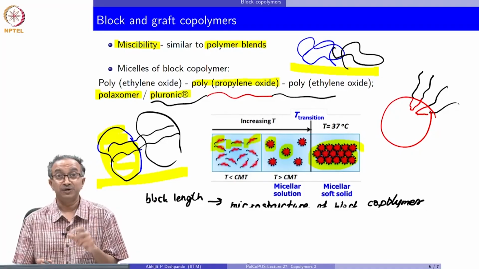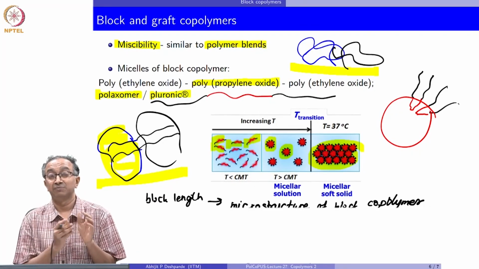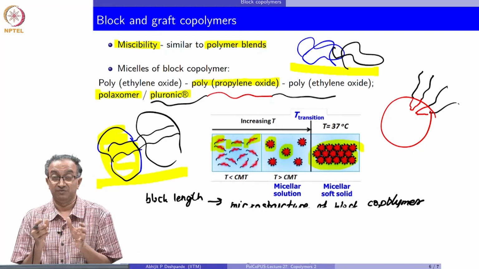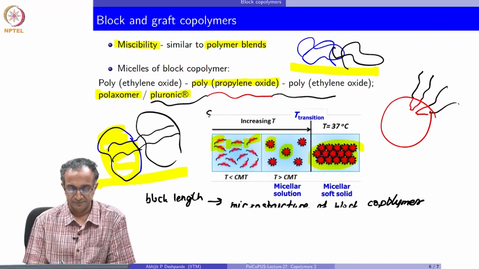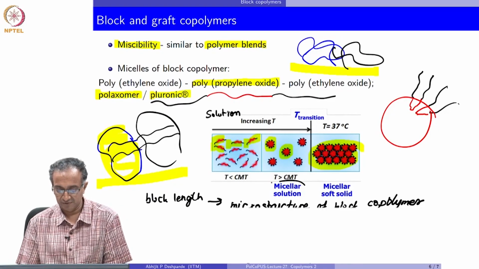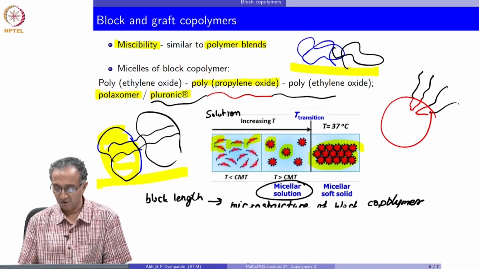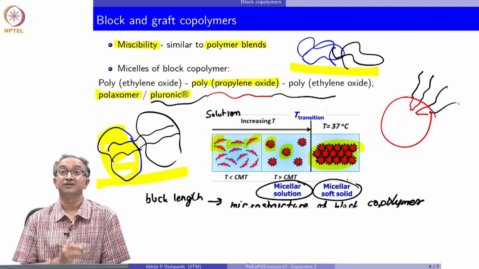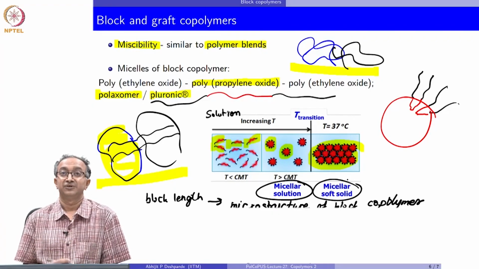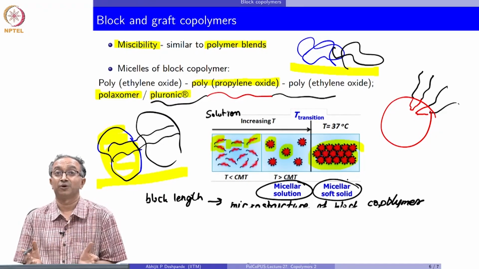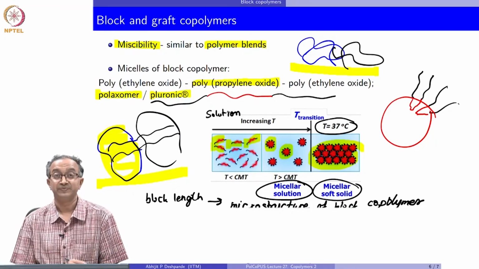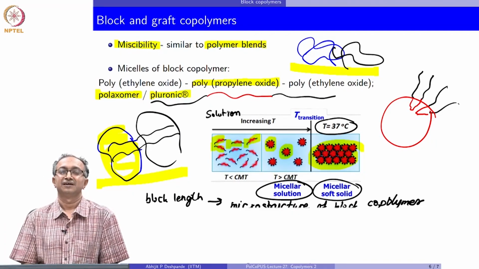So, because of this interaction between the blocks and the surrounding solvent, water in this case, we can have a solution, or we can have a micellar solution, or we can have a gel, a micellar soft solid. So, you can see how copolymers in this case can give you very different properties if we just change the temperature, and look at the temperature here, 37 degrees Celsius.